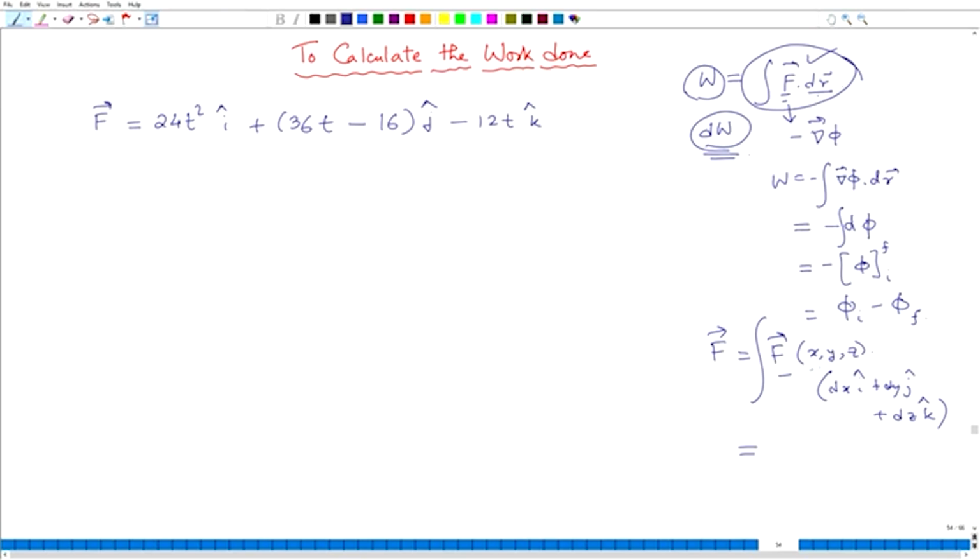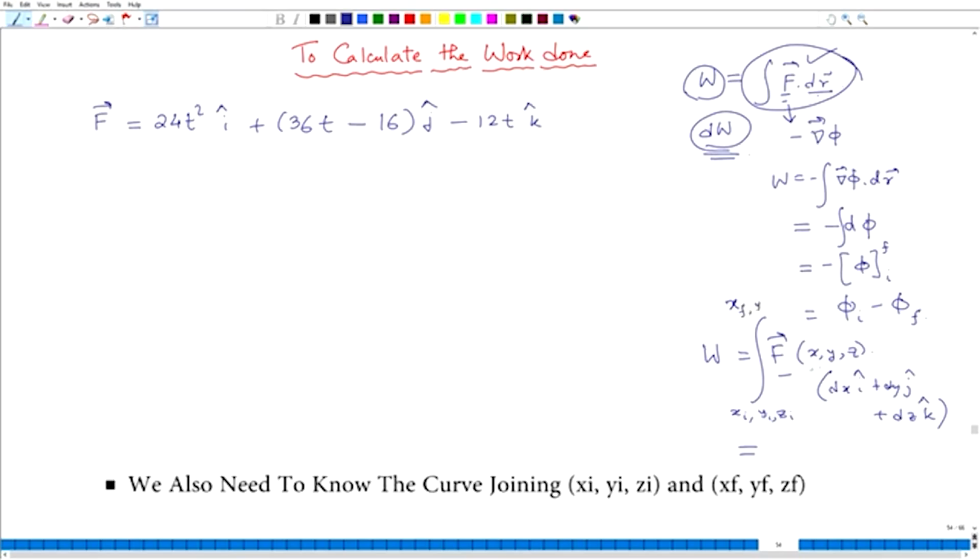Okay. So, if I write this as the work done, then I should be able to calculate this from (x_i, y_i, z_i) to (x_f, y_f, z_f). Okay. So, that we have to know.